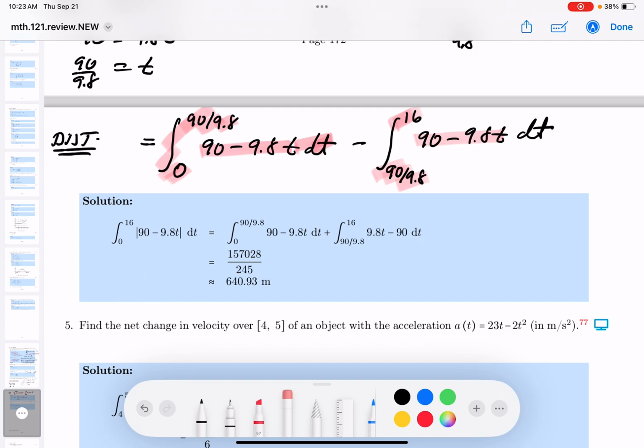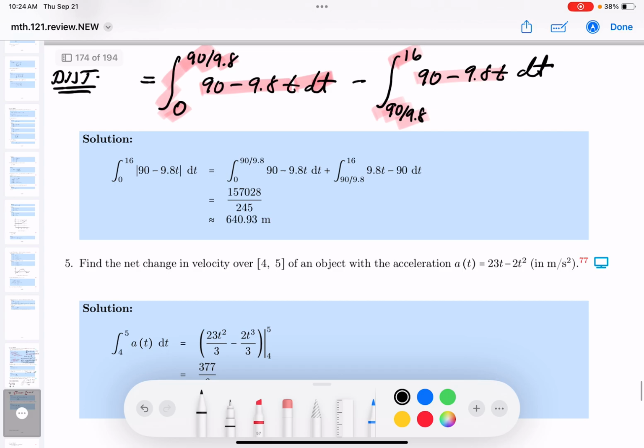If you're doing this on an exam, what I'd be writing down is 90t minus t squared over 2, and 2 goes into 9.8 4.9 times. The limits of integration there are going to go from 0 to 90 over 9.8.